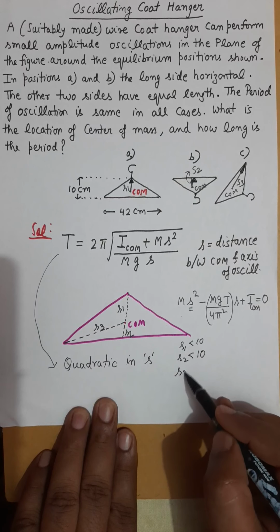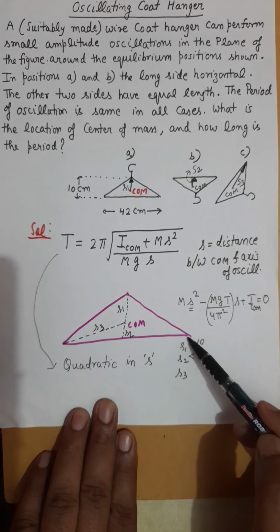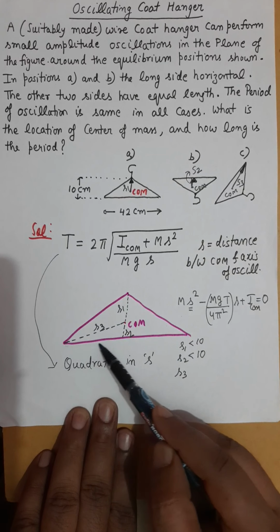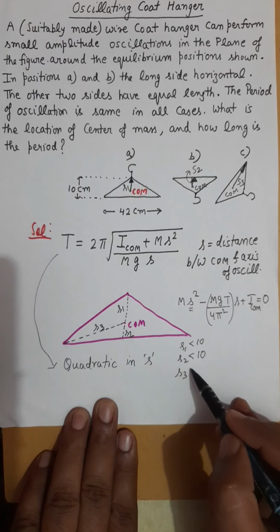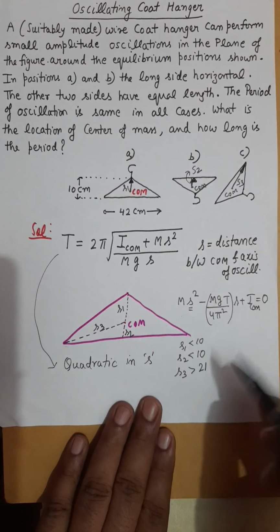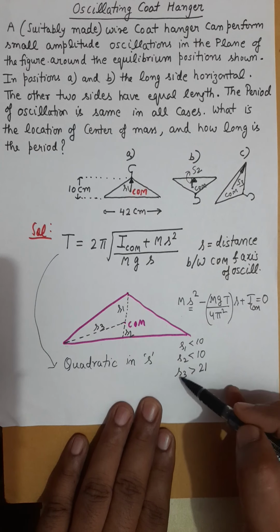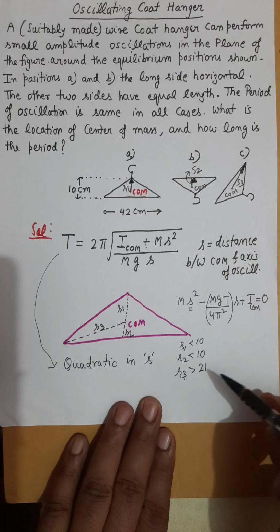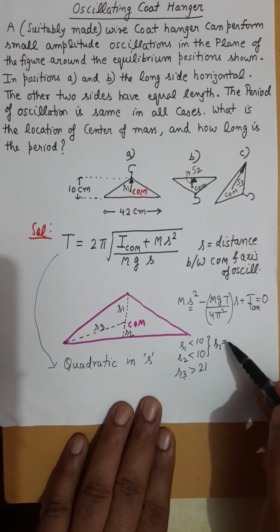Whereas s3, remember this longer side is 42, so half of that is 21, and s3 is definitely more than 21. So now it is clear s3 cannot be equal to s1, s3 cannot be equal to s2. The only possibility is that s1 equals s2.